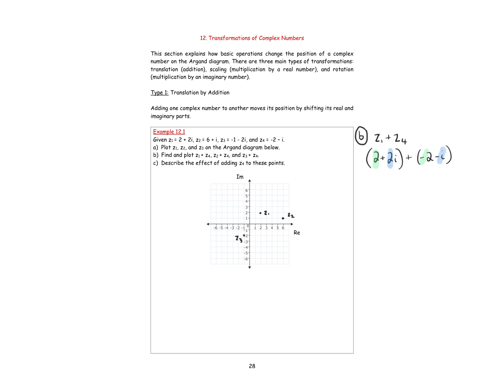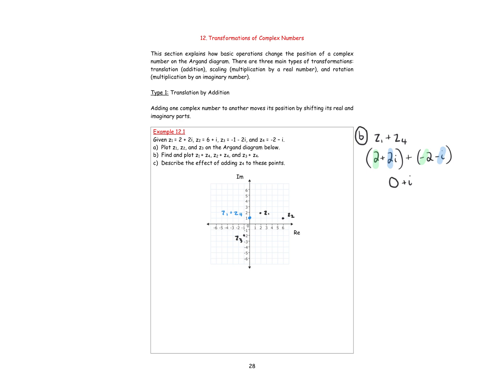First of all, I have 2 minus 2, which is 0. And then I have 2i minus i, which is plus i. Plotting that on the Argand diagram, I'll do it in blue. We have 0 plus i, which is here, and that is z1 plus z4.